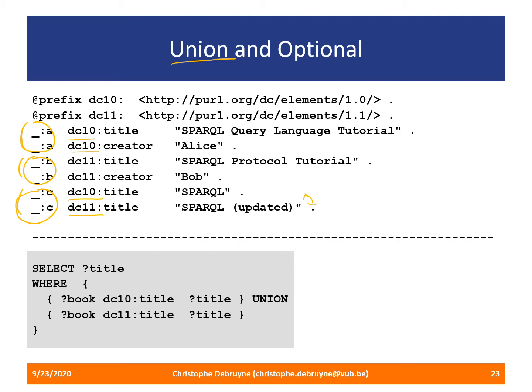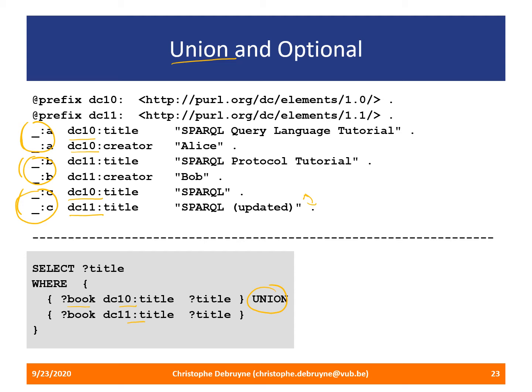So what are we trying to do? We want to select the titles of these books, but we know that these titles are captured using different vocabularies. So we are looking for books that have a title using Dublin Core 1.0, and we will combine it with another graph pattern looking for books that have a title with the Dublin Core 1.1 vocabulary. And then we will create the union of these two solution sets.